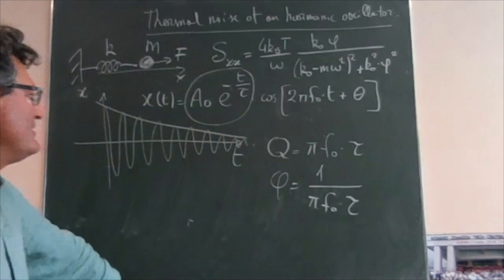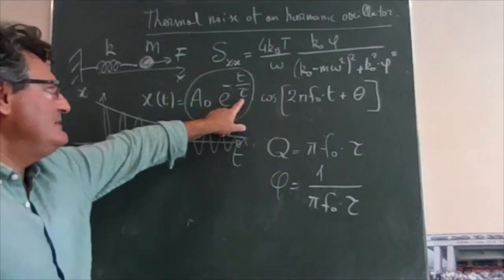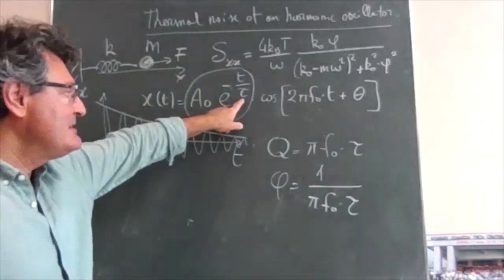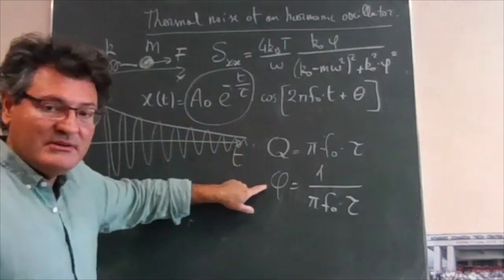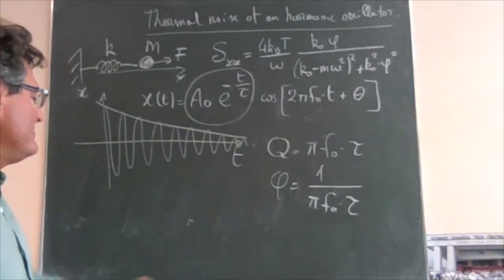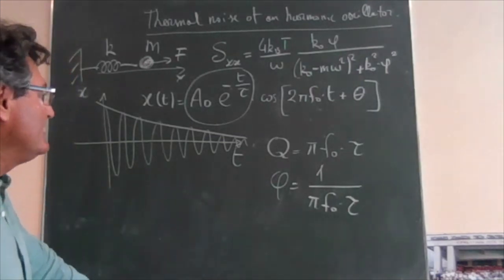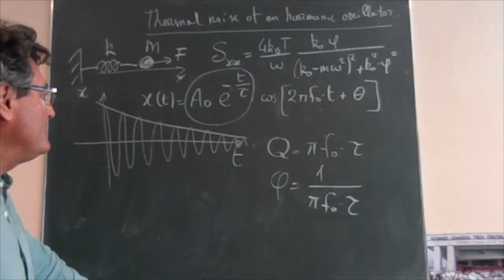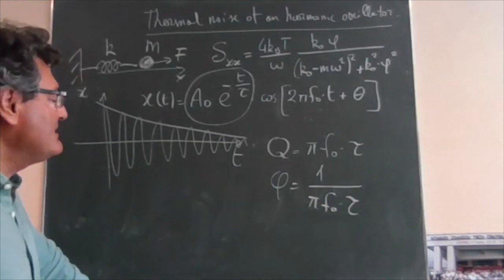So the longer the decay time constant is, the higher the quality factor, and the smaller the loss angle. Okay. This is a rather important aspect of the dissipation inside the material.